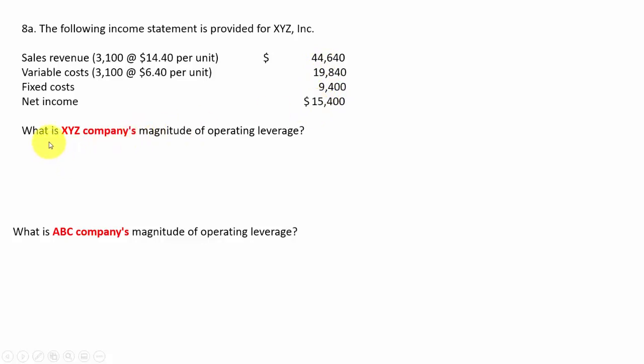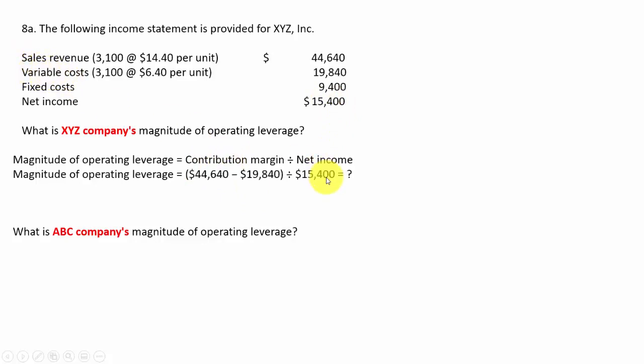The question they want to answer is, what is XYZ Company's magnitude of operating leverage? We said that operating leverage is figured by taking contribution margin and dividing by net income. Well, we've got net income of $15,400, and we can figure out contribution margin because contribution margin is simply sales minus variable costs.